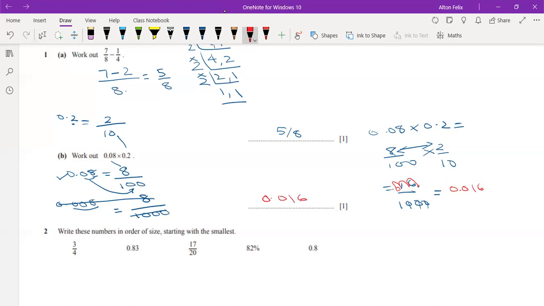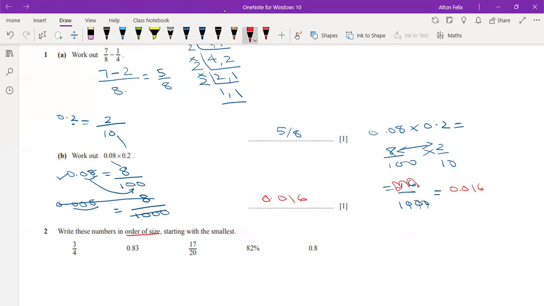Write these numbers in order of size. What this simply means is that you must arrange these numbers starting with the smallest, so that is in ascending order. And you can determine how to write those numbers by having 3 ways of approaching this problem. You can write all the numbers as fractions with a common LCM, lowest common multiple.